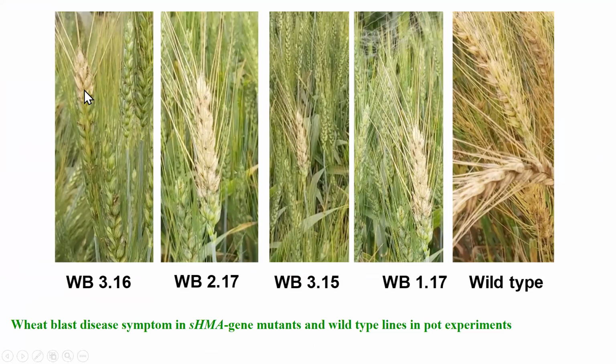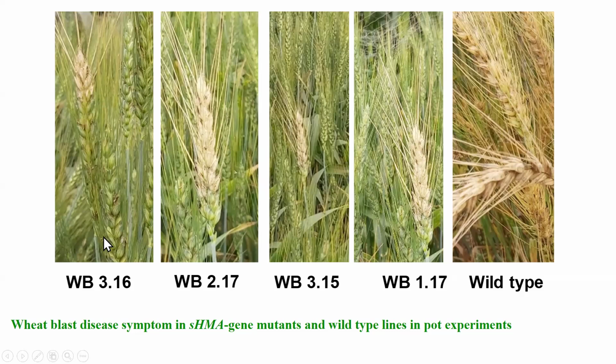But here you can see even slight disease occurred, which means our editing was not so precise. Why? Because wheat is hexaploid. Its genome size is 40 times larger than that of rice, and each gene has 6 copies.